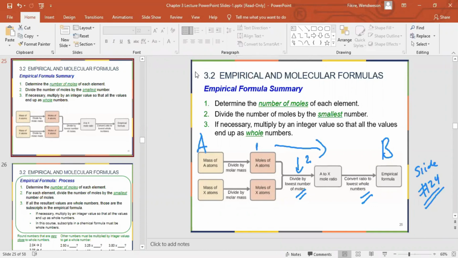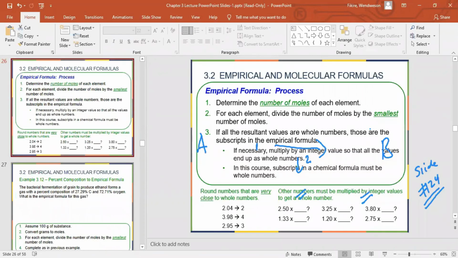Here is also another thing which I want you to understand. When you need to multiply numbers, when you do the mole ratio, let's say you get 2.04.